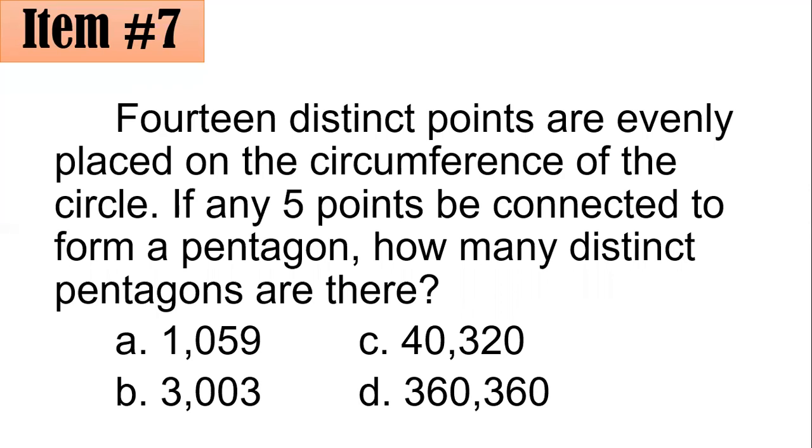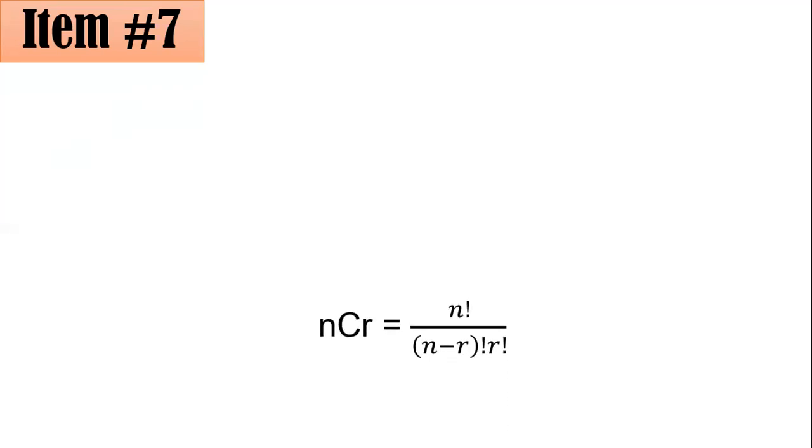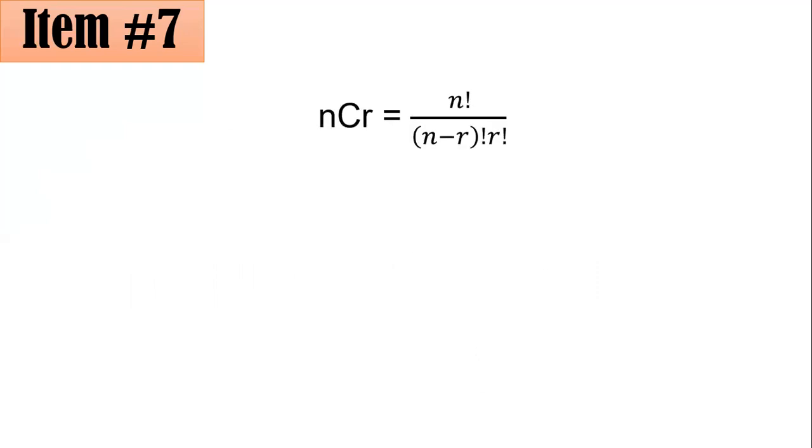360,360? So for this case, this is now a combination problem because the order here does not actually matter as long as you have a pentagon. And out of the 14 points, you need 5 points to form a pentagon. And since this is a combination problem, we will use the formula for combination, which is nCr equals n factorial all over n minus r factorial times r factorial.